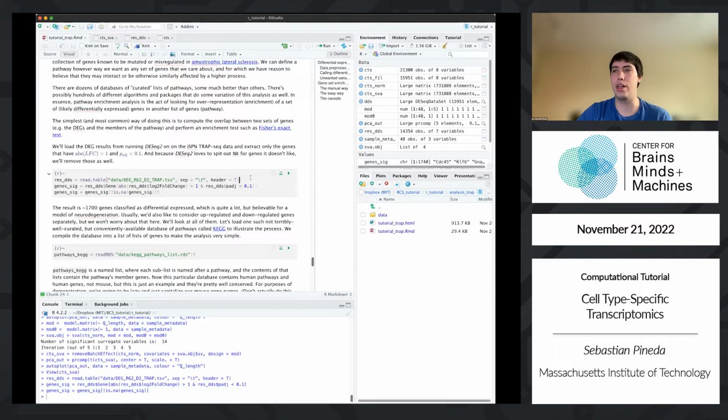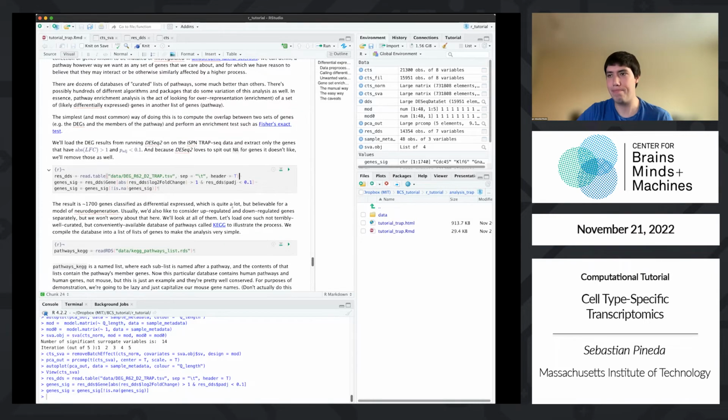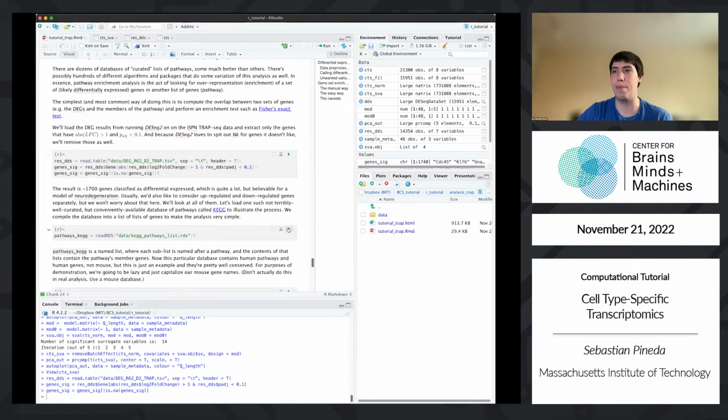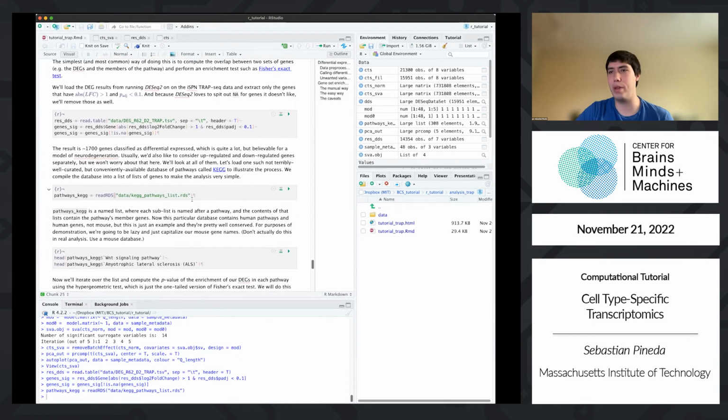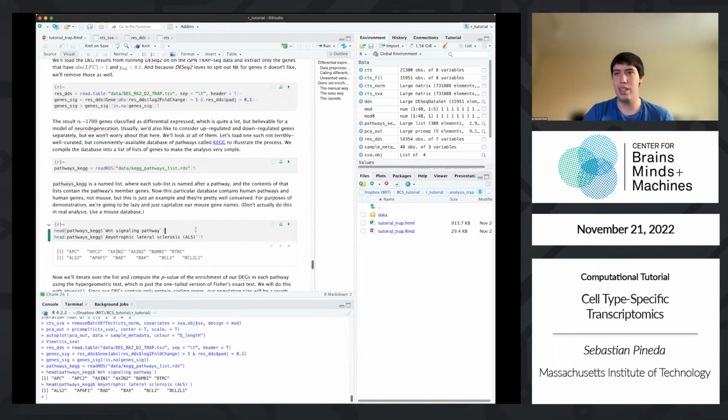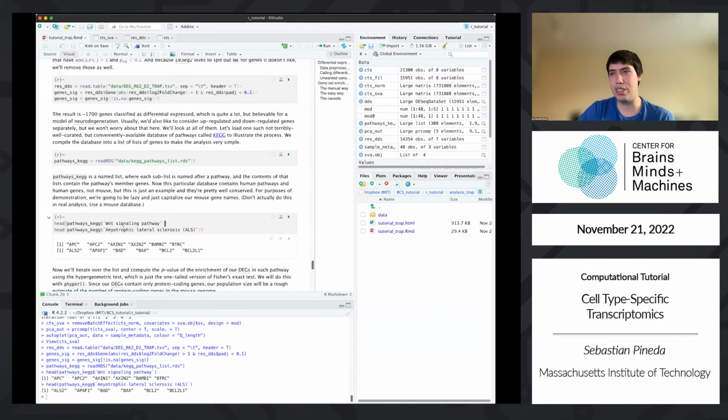So here I'm going to load the R62 D2 trap data again, and then I'm going to load a pathway database from KEGG, the Kyoto Encyclopedia of Genes and Genomes. I think that's what it's called. And all this basically is a list of pathways. And then for each pathway, we just have a list of genes that are associated with them.